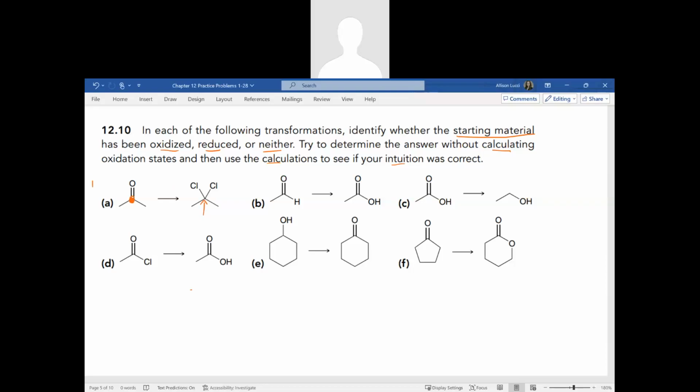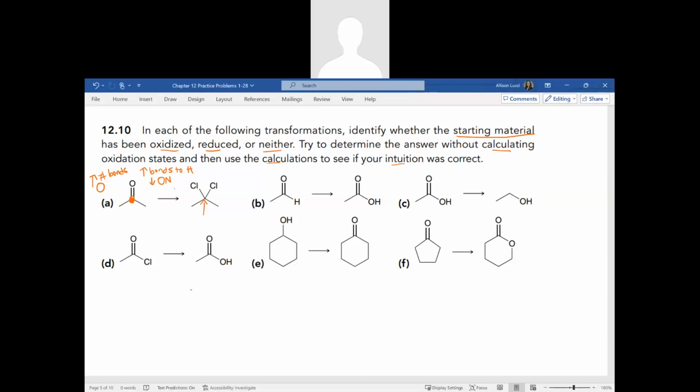So this is another generalized way to see if oxidation state would increase. So if we increase the number of bonds to an oxygen atom, we would increase oxidation state. Or if we increase the number of bonds to hydrogens, we tend to decrease oxidation state. So we'll say oxidation number. So this carbon we're going to predict is not changed, is neither.